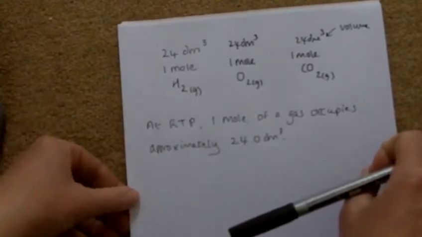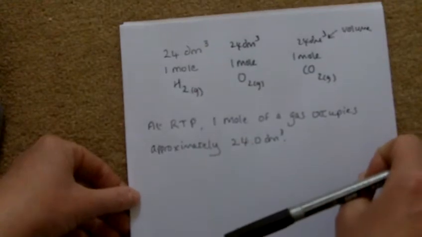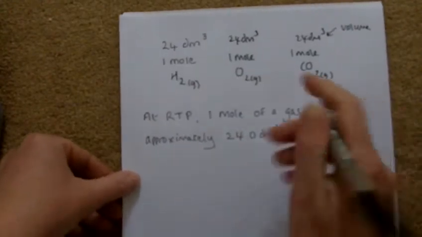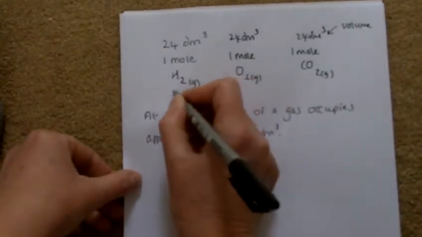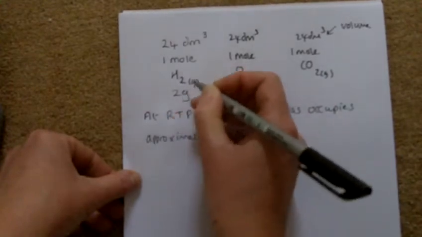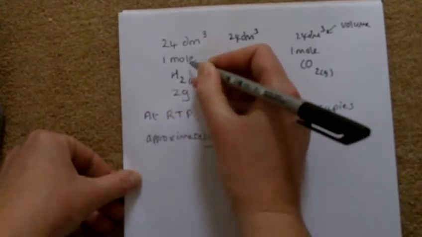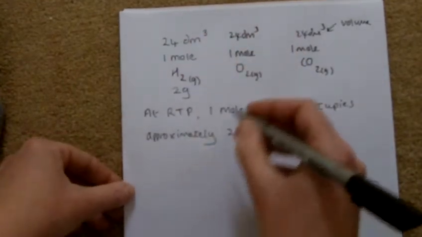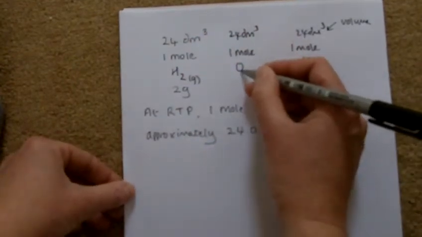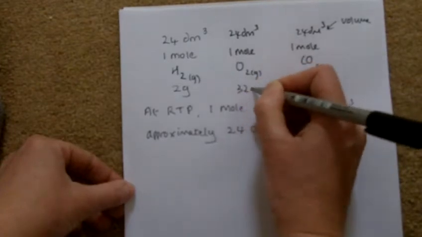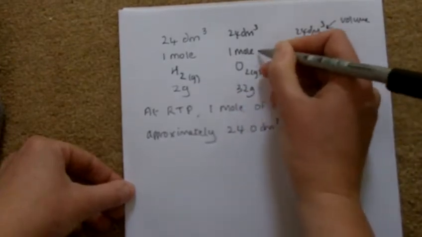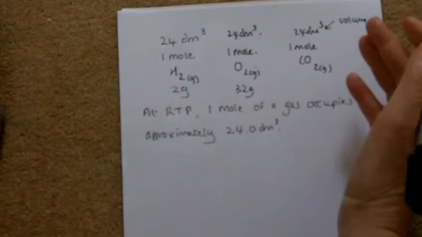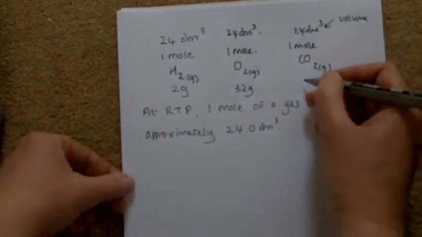1 mole is the relative molecular mass in grams. So for hydrogen, this is going to be 2 grams. 2 grams of hydrogen is 1 mole and will occupy a volume of 24 decimeters cubed. O is 16, so oxygen would be 32 grams. 32 grams of oxygen is 1 mole and occupies 24 decimeters cubed.